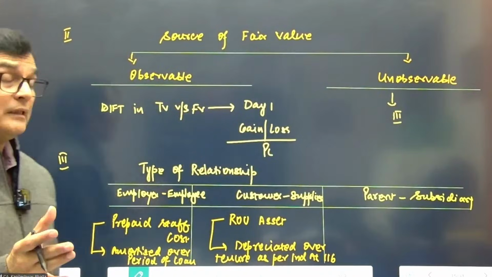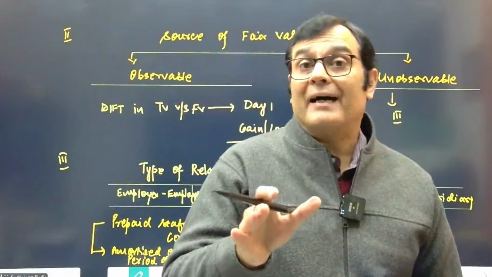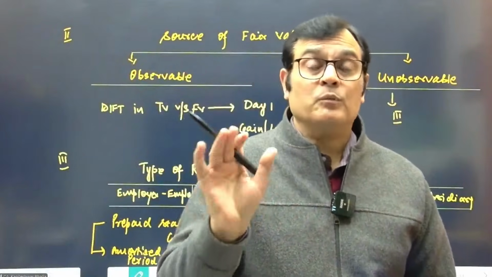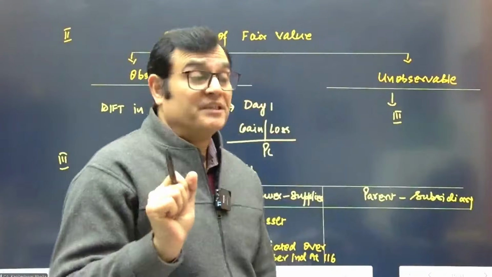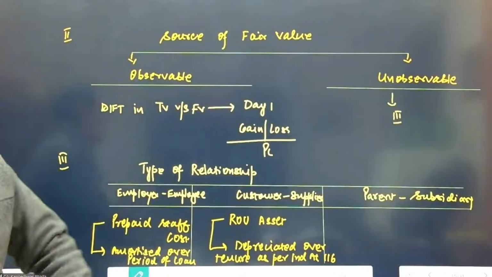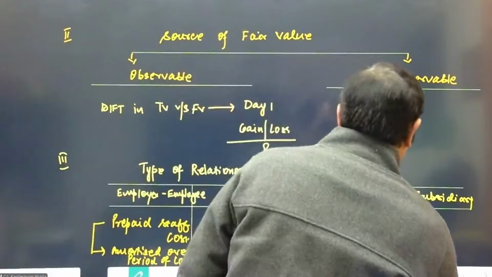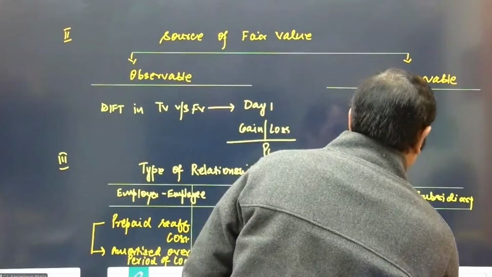It all depends upon Ind AS 116: if the asset will return back to the lessor, then we consider the lease term. But if it is going to be retained, then it is the lease term or useful life, whichever is shorter. And when you look at the parent-subsidiary relationship, the difference is called a deemed investment.